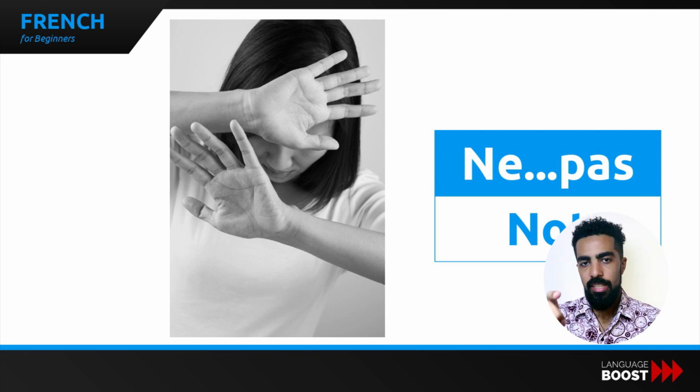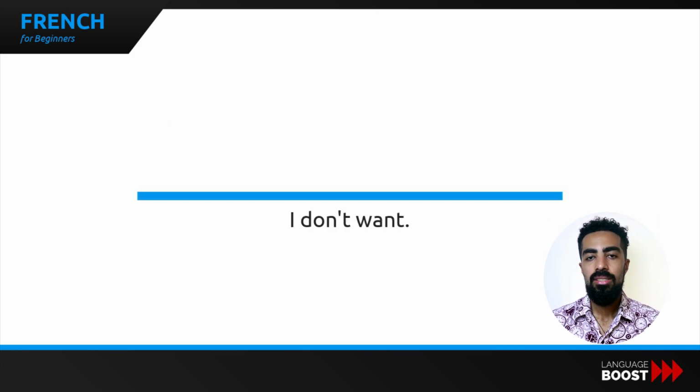And you see that there is an s at the end of the word, but you don't pronounce this consonant. Just like we had before with the word and, right? It's written et, but you only say e. And here is the same. You do have the s, but you don't pronounce it. You say ne pas.